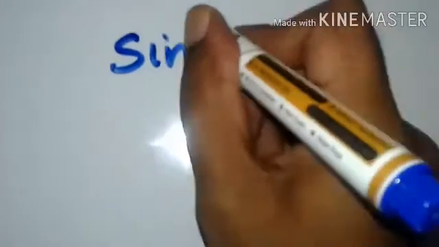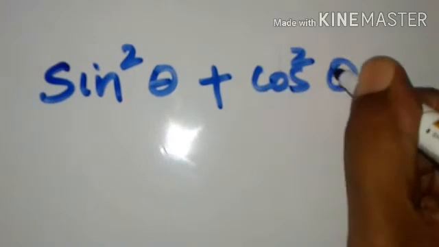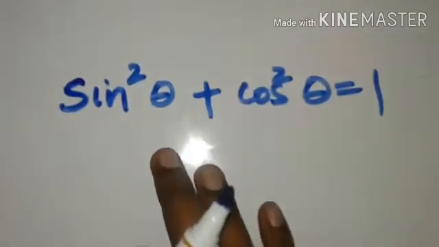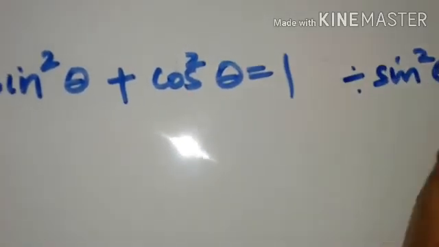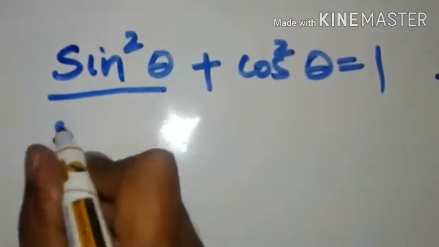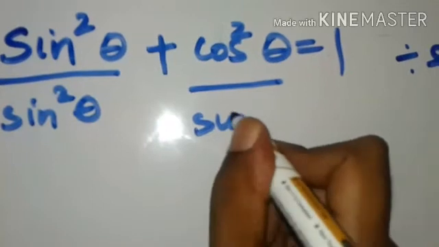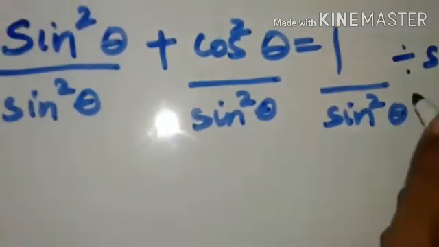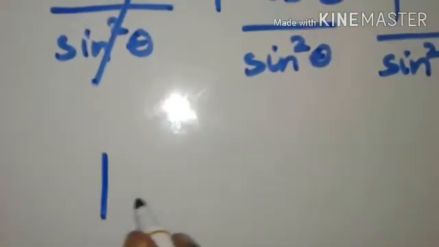Observe here, sine square theta plus cos square theta is 1. Let me rewrite here, sine square theta plus cos square theta is equal to 1. Now I am dividing this entire equation by sine square theta. Now sine square theta by sine square theta cancels, it will be 1.